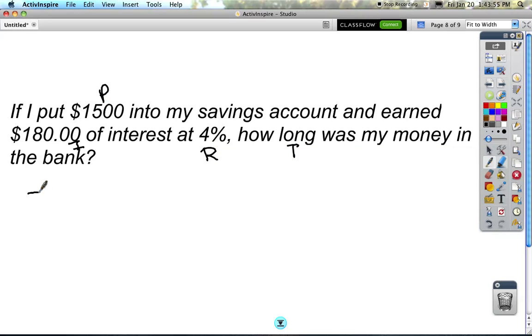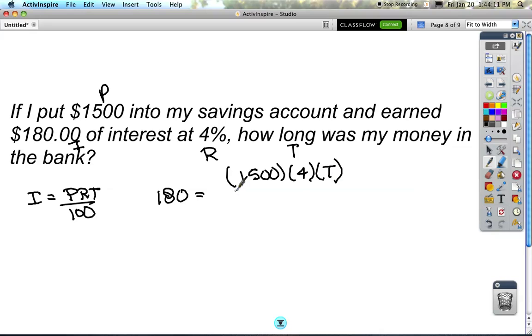So it's still I equals PRT over 100. So what's my interest? 180. My principal is 1,500. My rate is 4. My T, I don't know, all over 100.